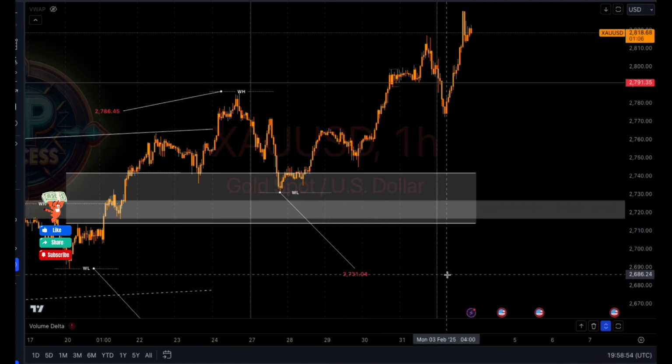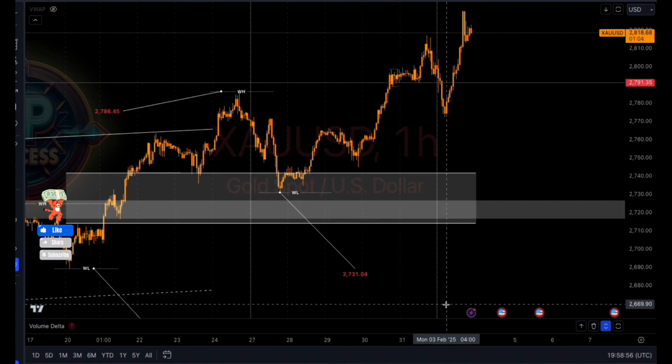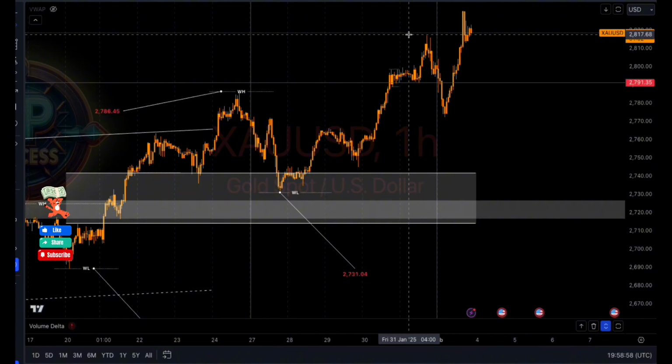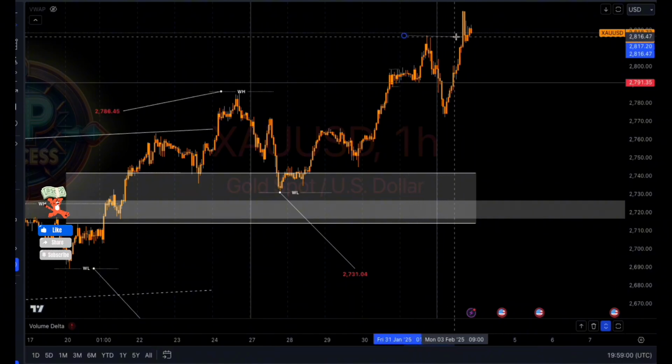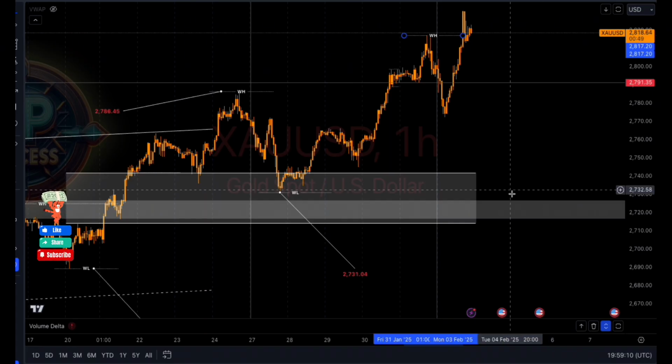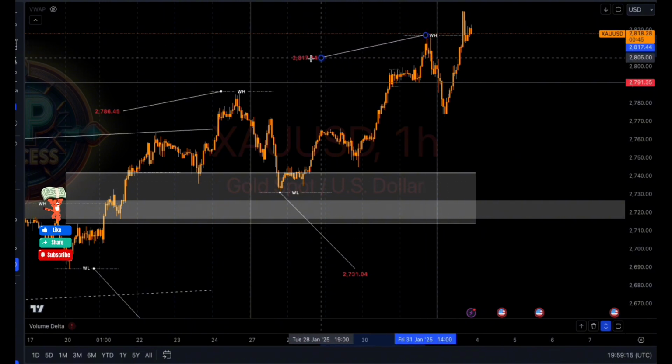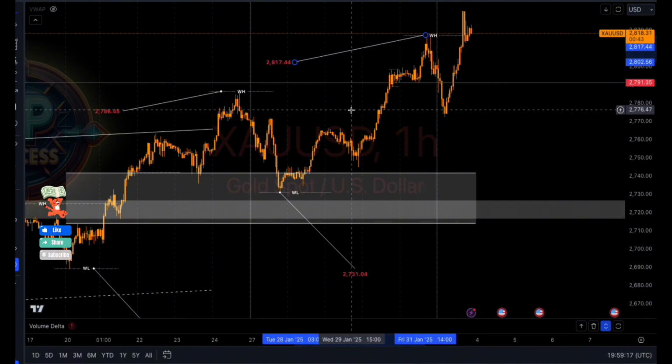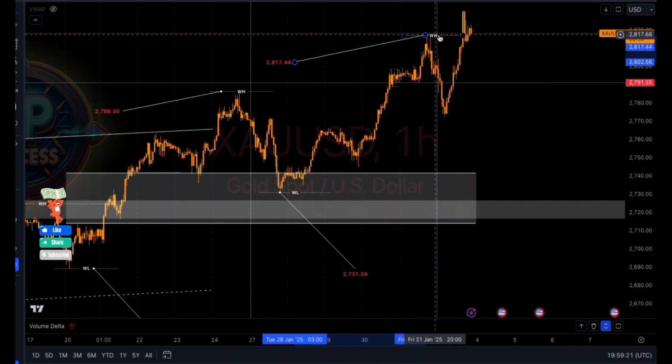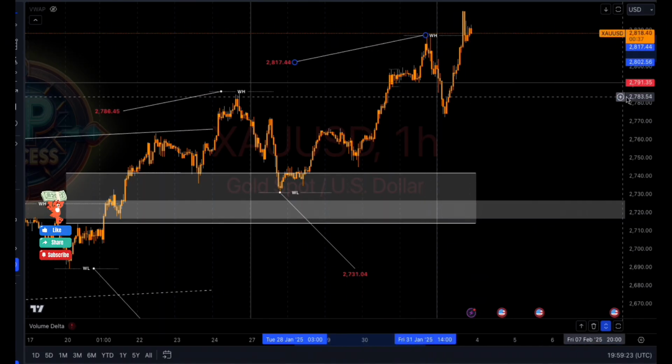The weekly low is currently set at 2731.04, and the weekly high, which has just been taken out with a parabolic move to the upside, is a definite positive indicator that we should be looking upwards instead of downwards. So let's put in the level for the weekly high, and that is 2817.44. This weekly high has been taken out.